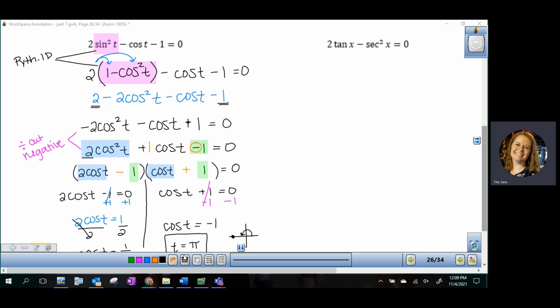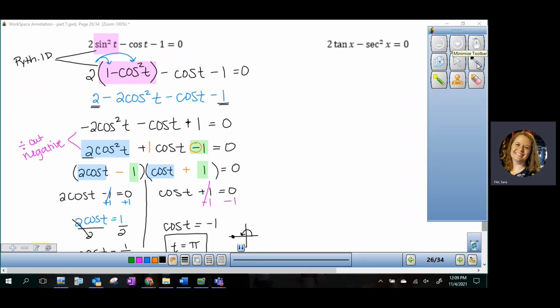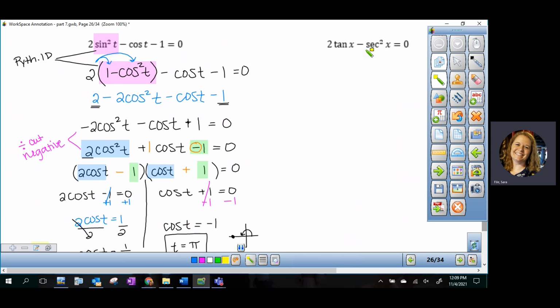Here, we're in the same boat because we have 2 different trig functions again. If you have 2 different trig functions, you have to get everything to one side set equal to 0, which that's already done. It's set equal to 0. And then either factor, if it's able to be factored by GCF or trinomial factoring or difference of 2 squares, whatever.